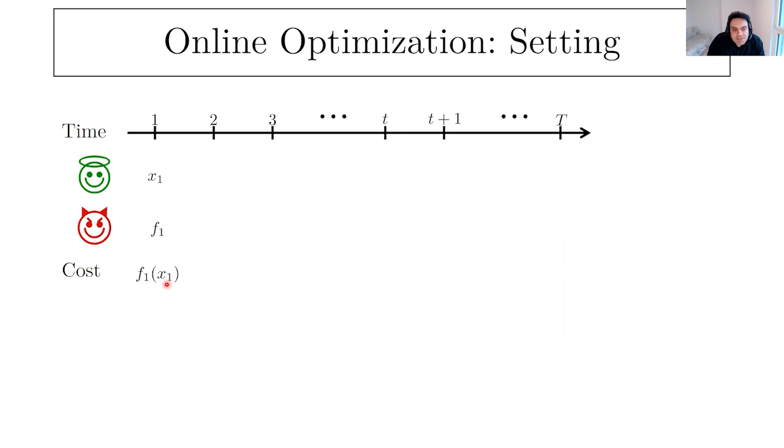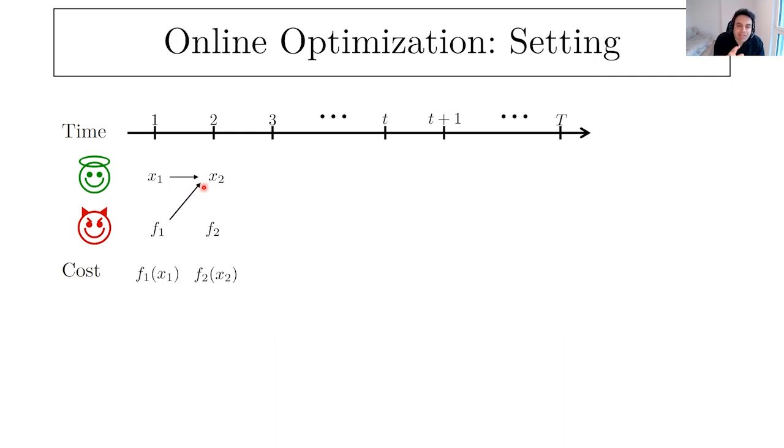Now, based on this observation that you have, you are allowed to make a new decision. Again, the nature is going to throw at you another loss function, and then you incur this cost as well. Note that there is a lag between the decision that you make and the loss function that matters.